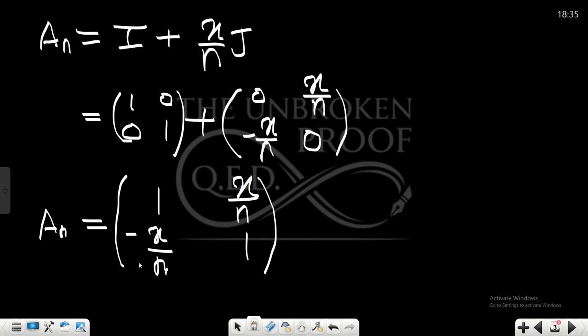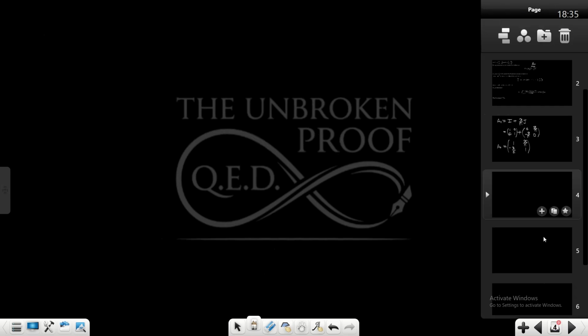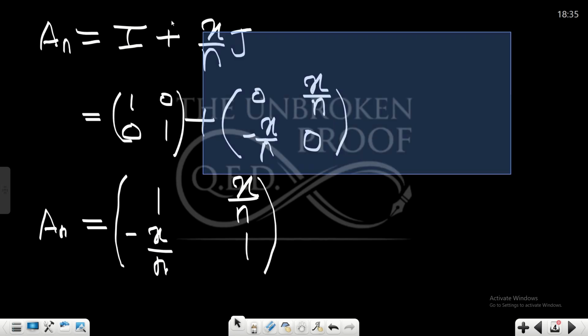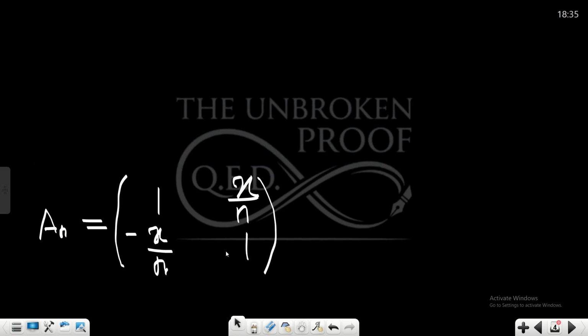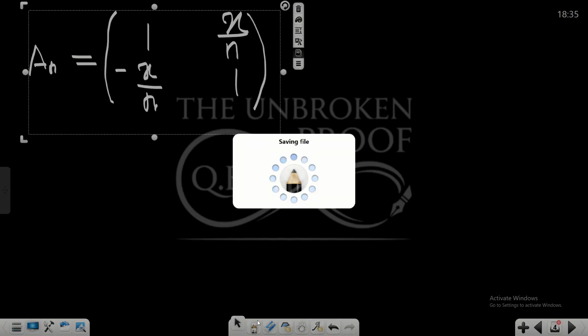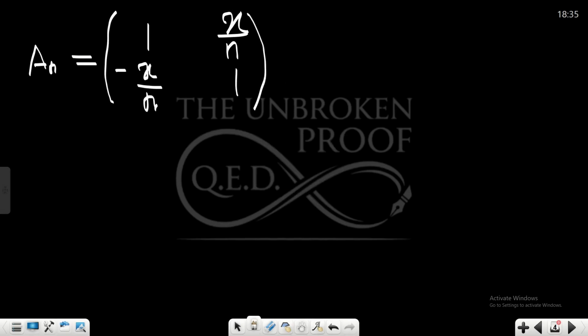Now what we are going to use is complex numbers over here. How? Let us see. If you see, this is in the form of an orthogonal matrix, but exactly this is not an orthogonal matrix.